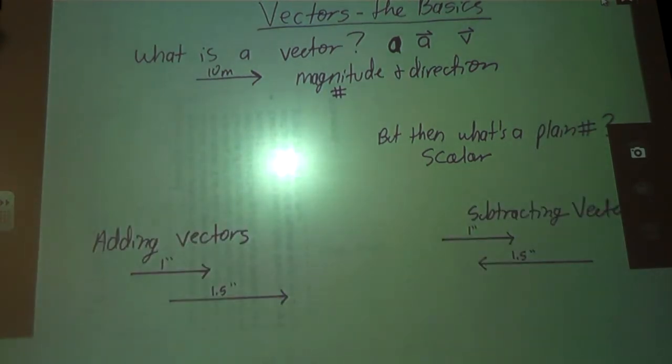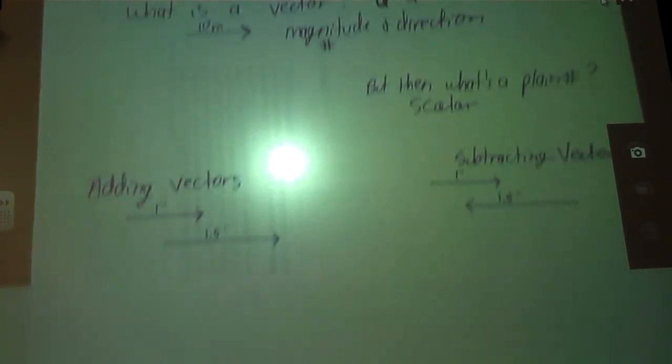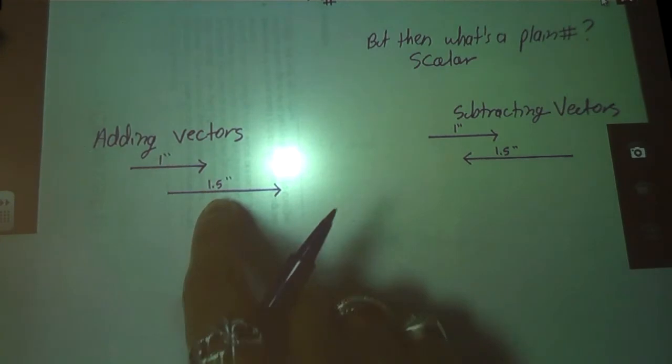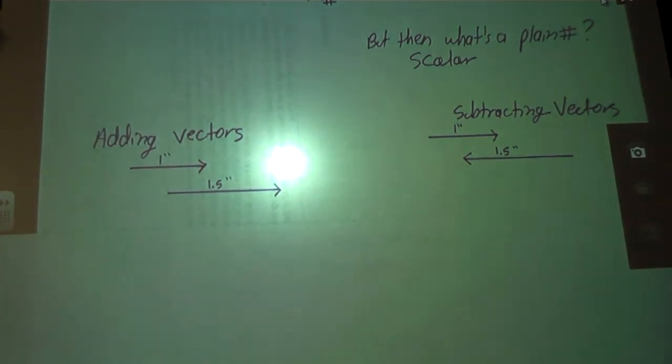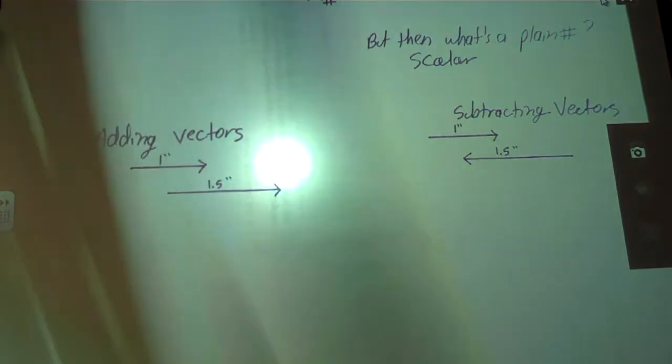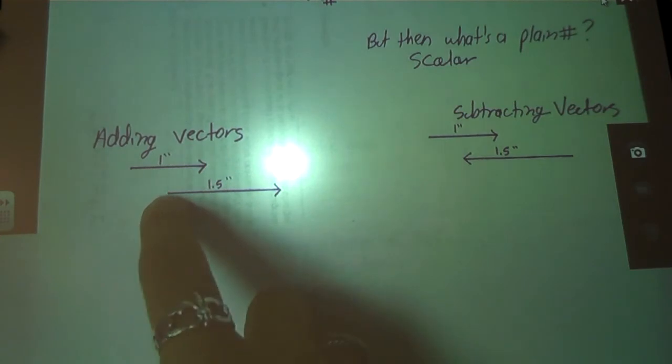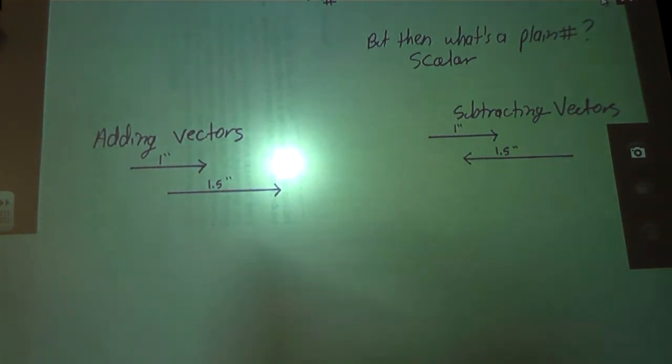All right, so what happens when I have more than one vector? How can I combine these things together? So first, let's look over here and talk about adding vectors. And it should be about what your brain is probably already telling you that you should do. We're going to take these vectors, put them head to tail, and add them together. In this case, I indicated the length of both of them right there.